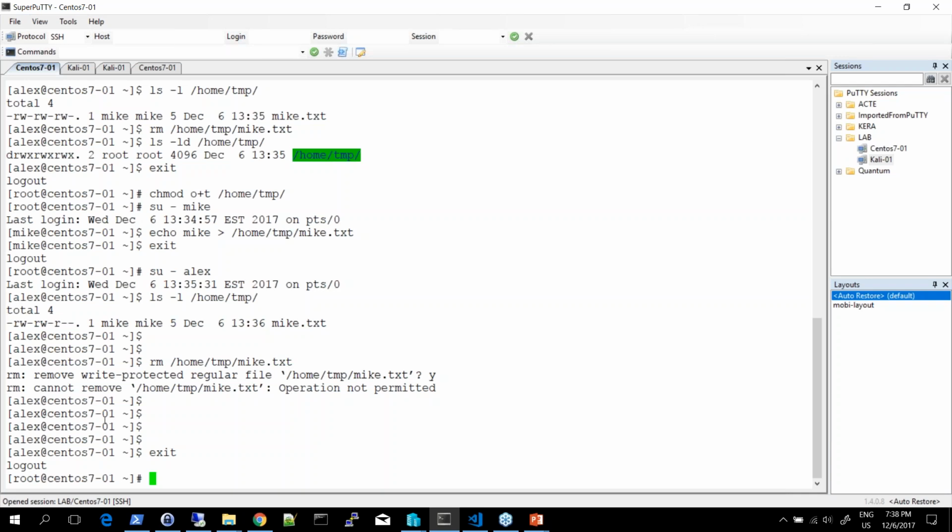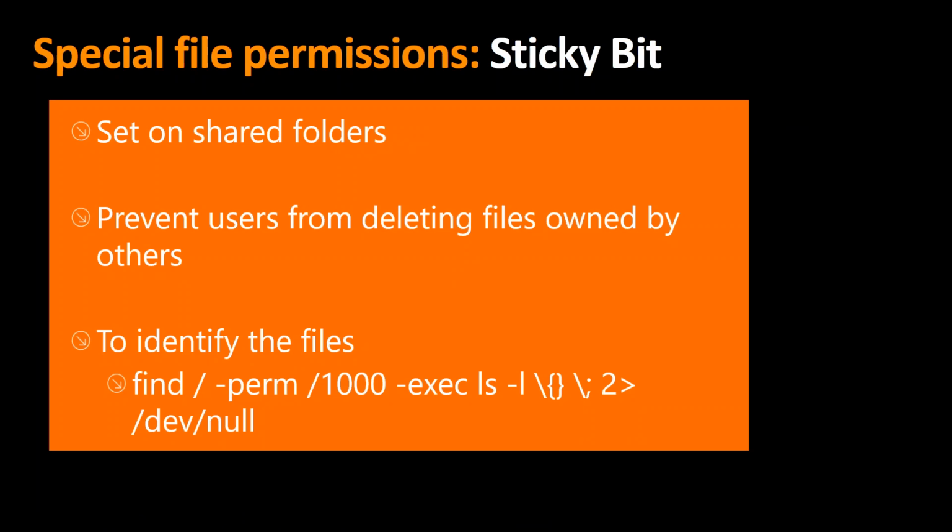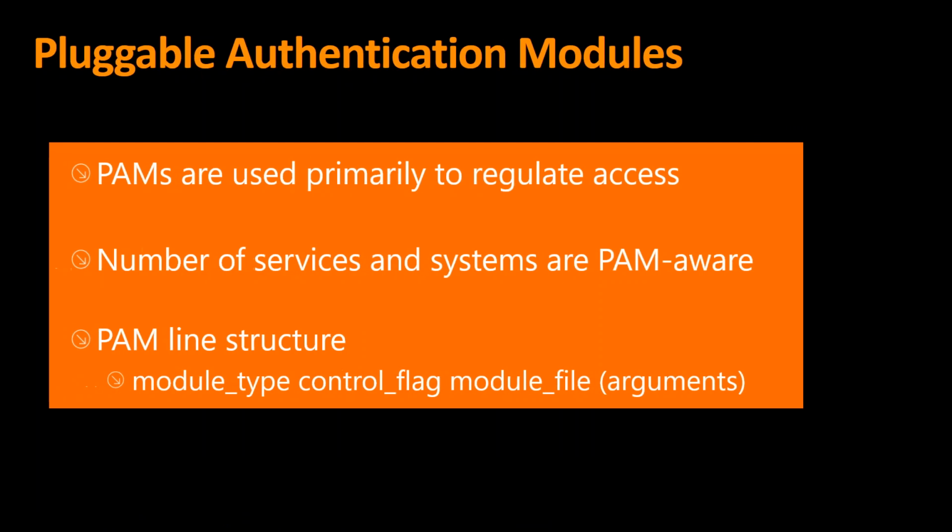Generally, SUID means that a user will execute an executable in the context of the owner of the executable. So this should sum up special file permissions on Linux.